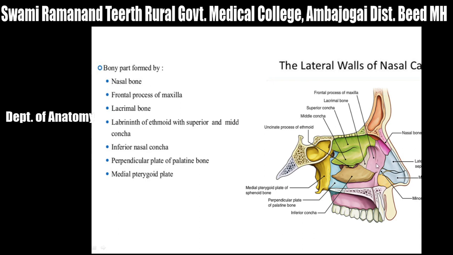So this is the bony part of the lateral wall of the nose: anteriorly the nasal bone, then the frontal process of the maxilla, lacrimal bone, ethmoidal labyrinth, inferior concha, perpendicular plate of palatine bone, and medial pterygoid plate.